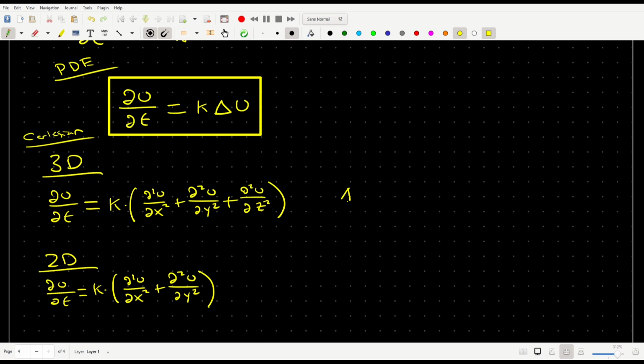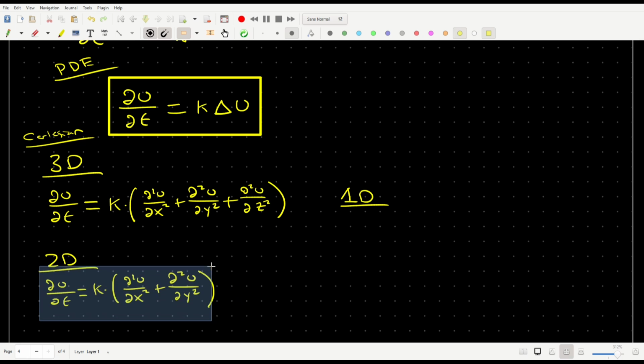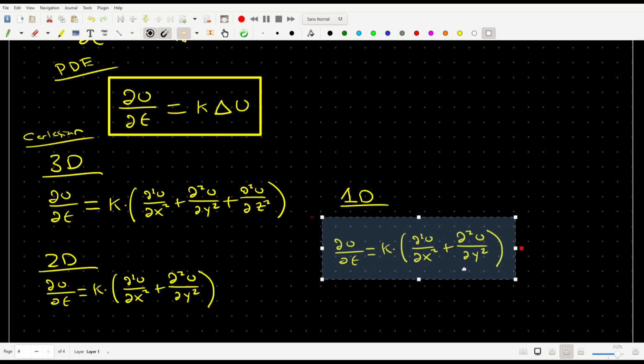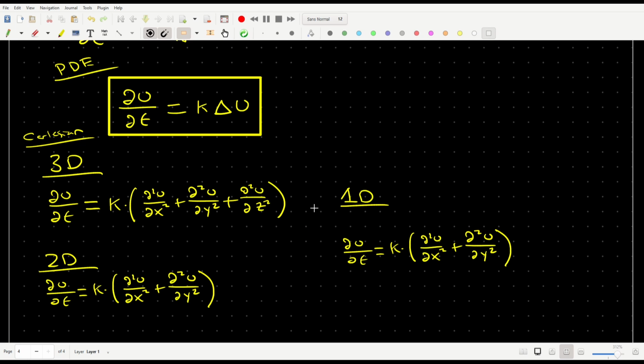And in 1D, it reduces even further, saying that the derivative of temperature with respect to time is equal to K times the second derivative of U with respect to the x coordinate.